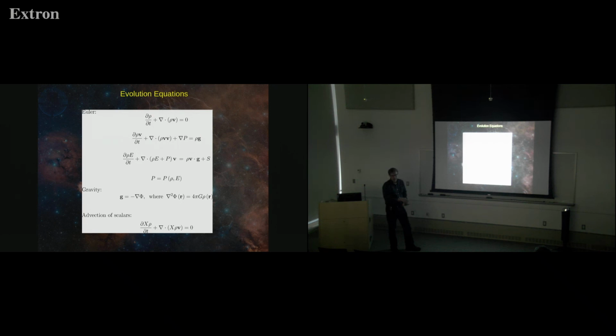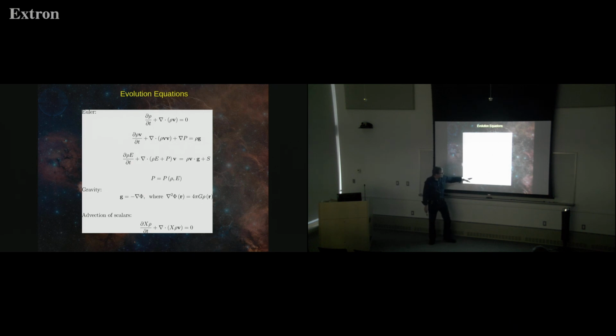If there were viscosity, it would be Navier-Stokes, but these assume that the material is inviscid, which is not a bad assumption for a star. It's an extremely high Reynolds number for those who know what that means. We close the system with an equation of state describing the material. We solve the Poisson equation to get self-gravity, and I'll just say that this is a hyperbolic solve, this is an elliptic. You have to make the 2 work in the same simulation.